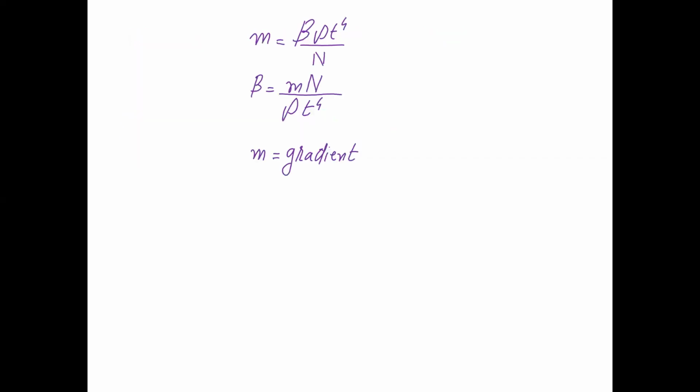Now, rearrange for gradient because we need to find beta. Beta is equal to m n rho t4. Beta m is the gradient. So everything we put here to find the value of beta.